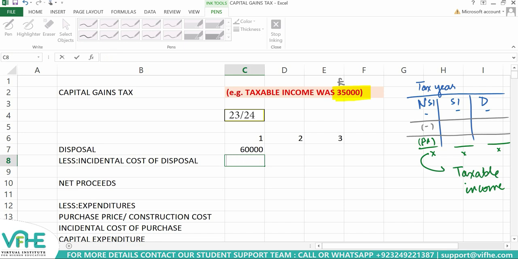So, how much money has he made as a result of this disposal activity? I mean, how much is the net proceeds figure? This is £57,000.